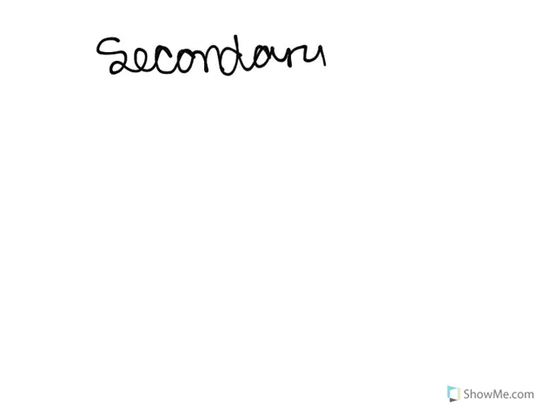Now we're going to talk about secondary alcohols. The difference between secondary and primary alcohols is that the OH group on secondary alcohols is on a carbon that's attached to two methyl groups and a hydrogen.